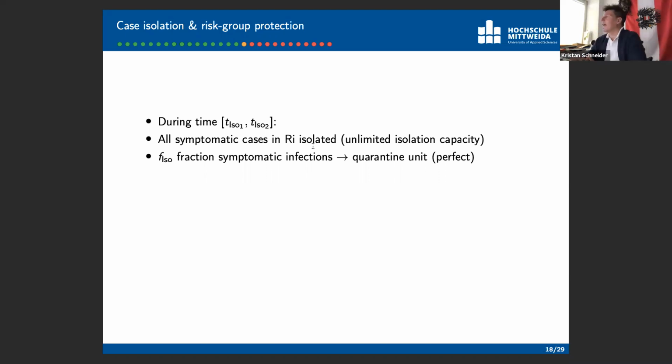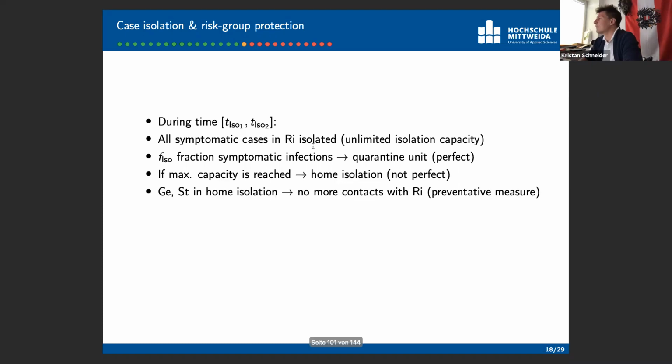That is the fraction that will be diagnosed with COVID, and they will go into quarantine units. These quarantine units are perfect, but of course they don't have unlimited capacity. So eventually, if the maximum capacity is reached, they have to go into home isolation, which is not perfect, so you don't avoid all contacts there.